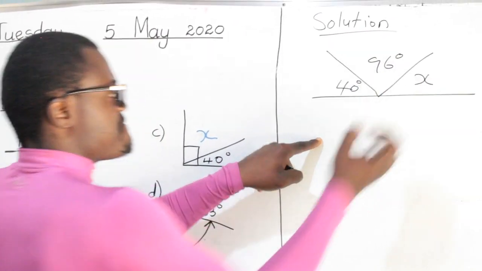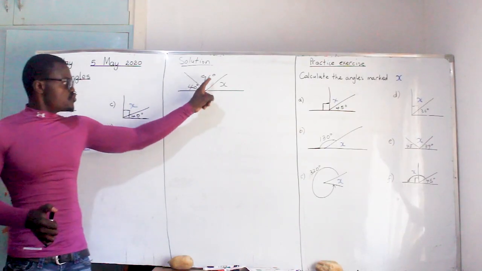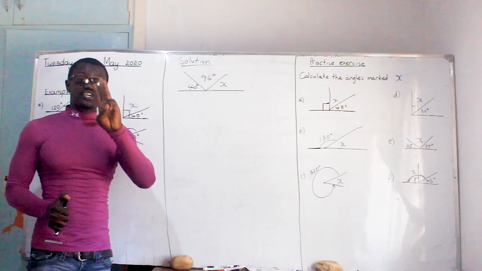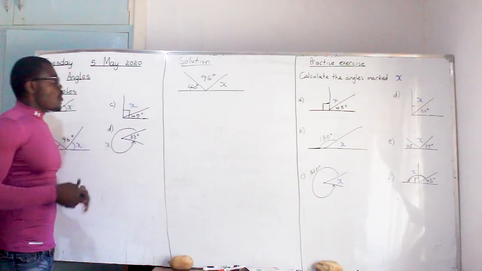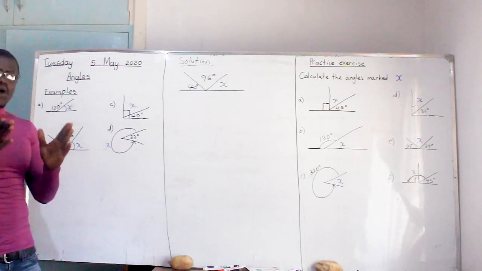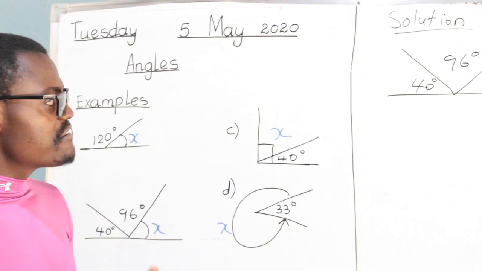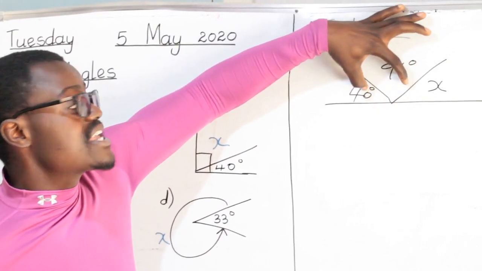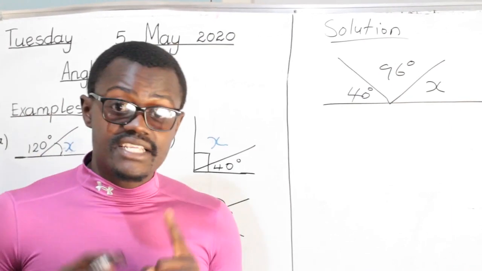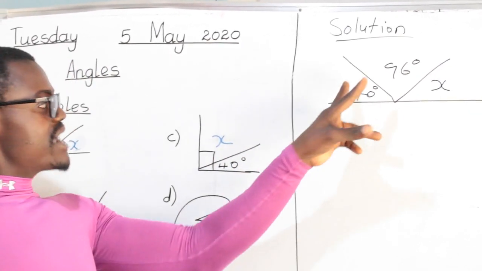What do we have on x? The 3 angles should give us 180 degrees. So how can we find this x? The only solution is to subtract the 2 angles that we have been given from 180 degrees, so we remain with x.